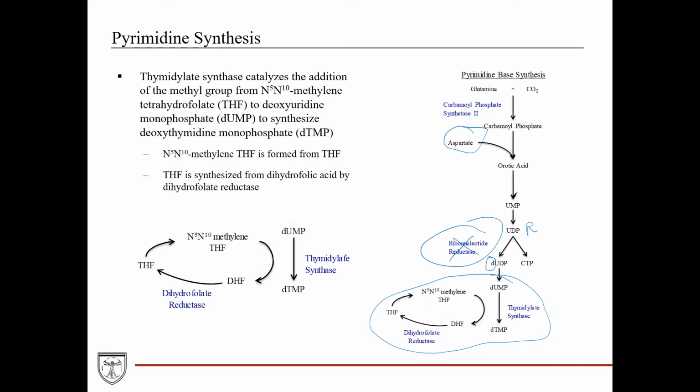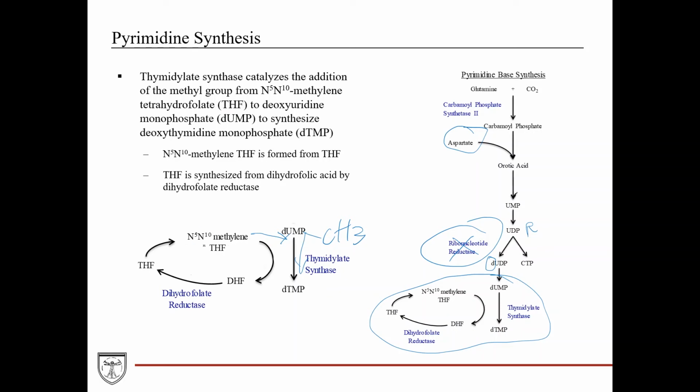So you have thymidylate synthase, which actually catalyzes a methylation reaction. And so it catalyzes the addition of a methyl group from N5, N10 methylene tetrahydrofolate, or THF. So it catalyzes an addition of CH3 to here to then form dTMP, deoxythymidine monophosphate.